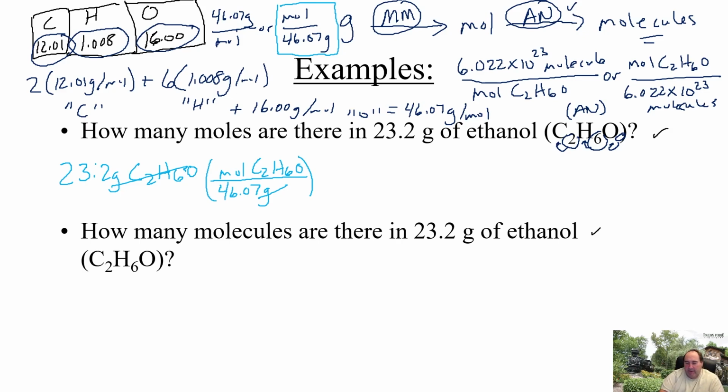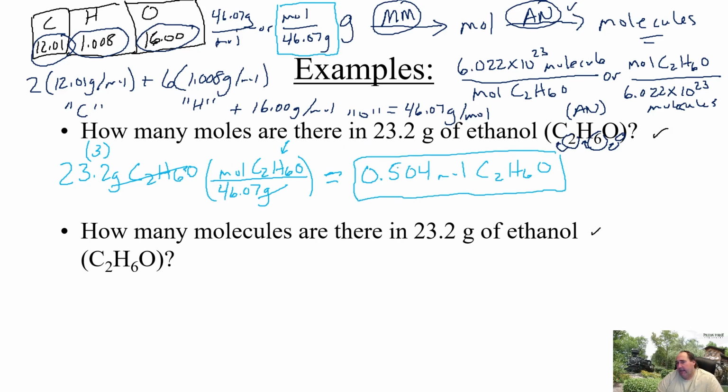In this case, I'm going to round to proper sig figs, which would be 3, based off of our first number here, this exact number. Don't have to worry about it. So on my calculator, I can get 0.504 moles of ethanol. So that is our first answer.